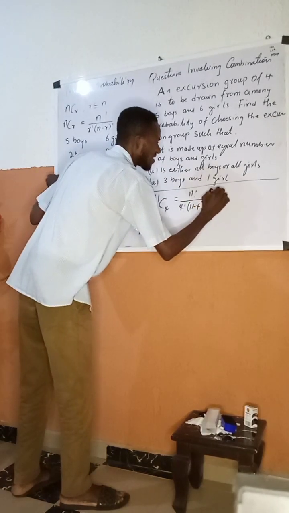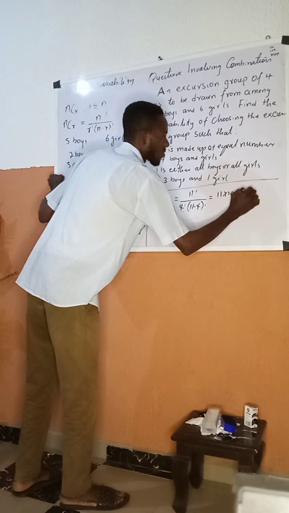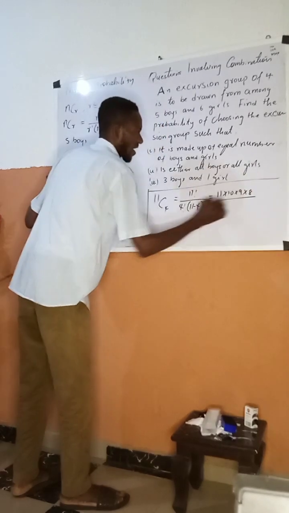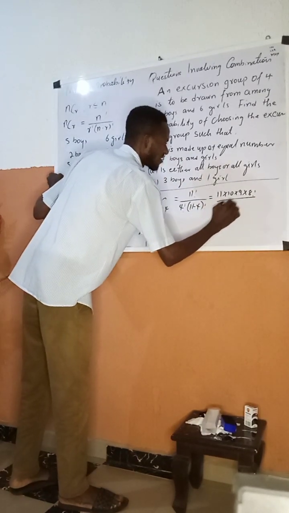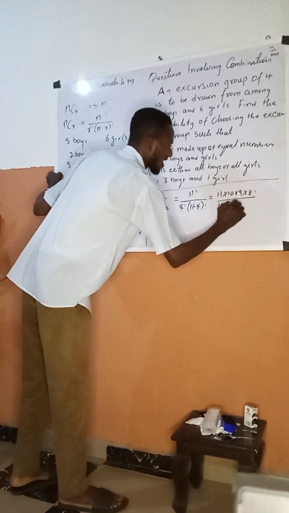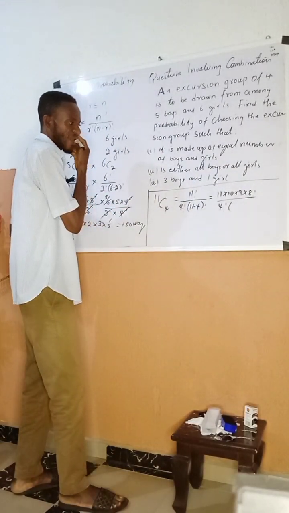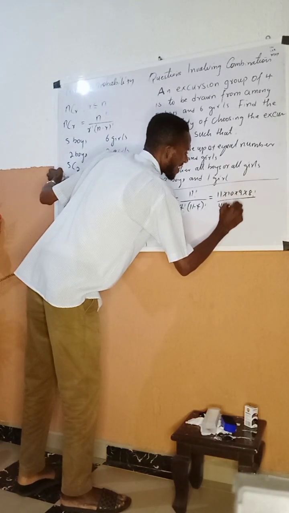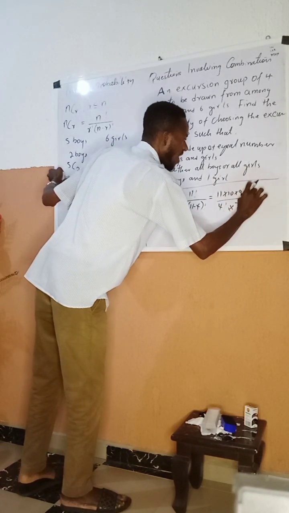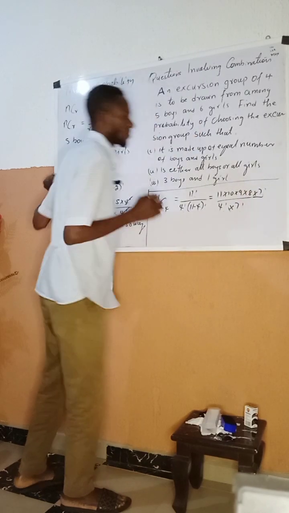This is going to be 11 times 10 times 9 times 8 times 7 factorial, all over 4 factorial into, 11 minus 4 is going to give us 7. So I have a multiply by 7 factorial.